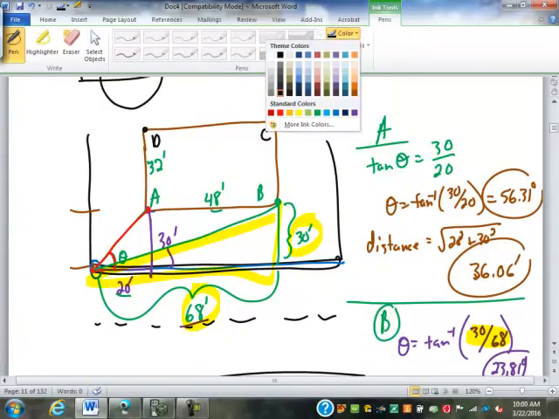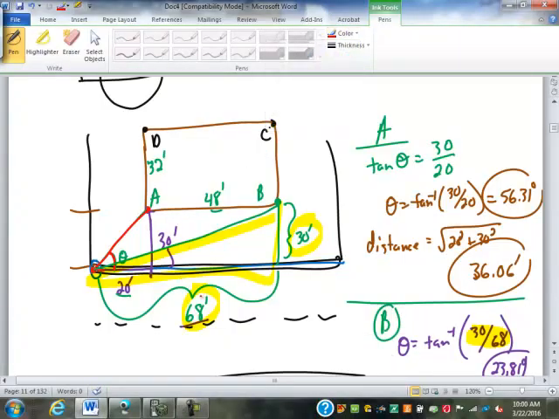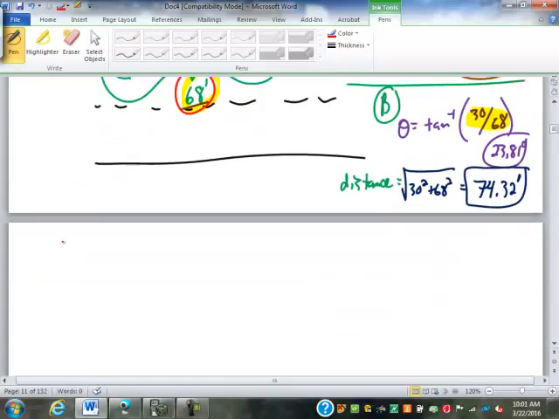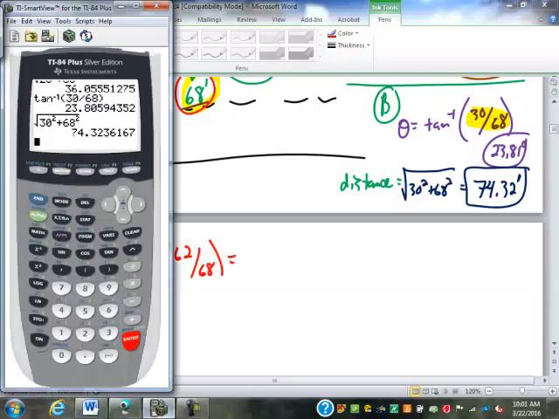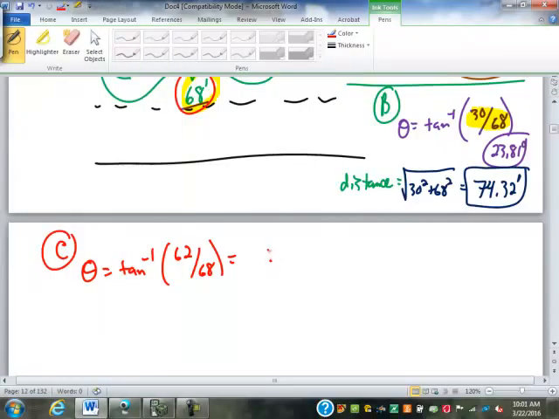Okay, so for point C, this is 68 feet over to here again. This is now 62, 30 plus the 32 width. So we're dealing with, for point C, the angle is the inverse tangent of 62 over 68. 42.36 degrees.